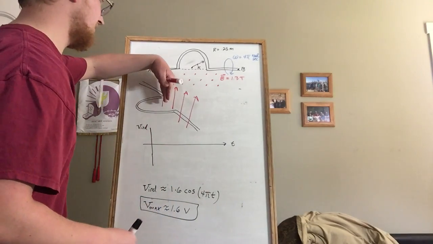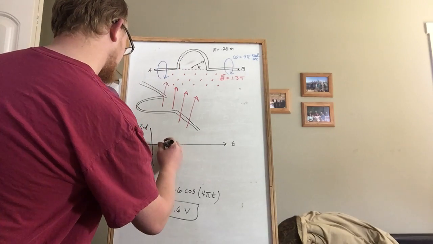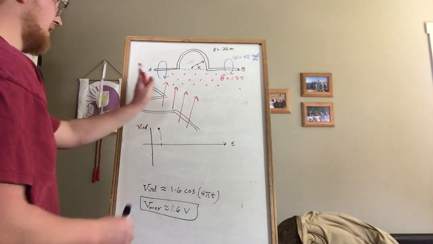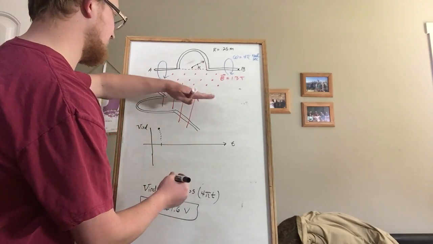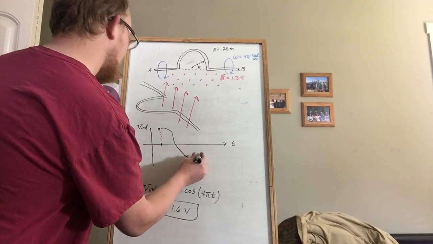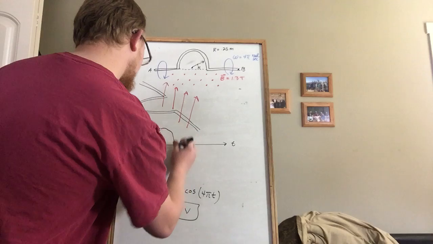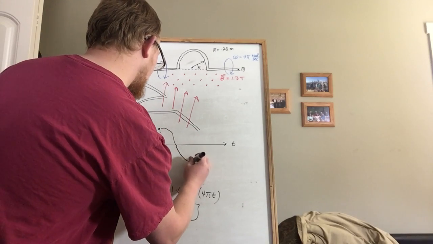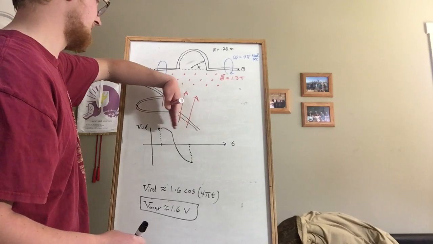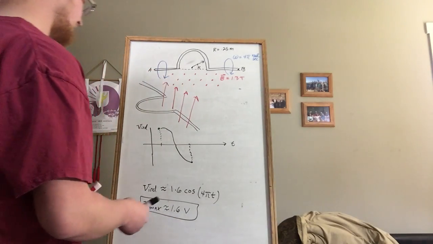For the first quarter, there's nothing. Then there's a large opposing voltage. Then that voltage decreases to 0 when it's at the horizontal. And then it increases again to a maximum right as the coil goes out of the B field.